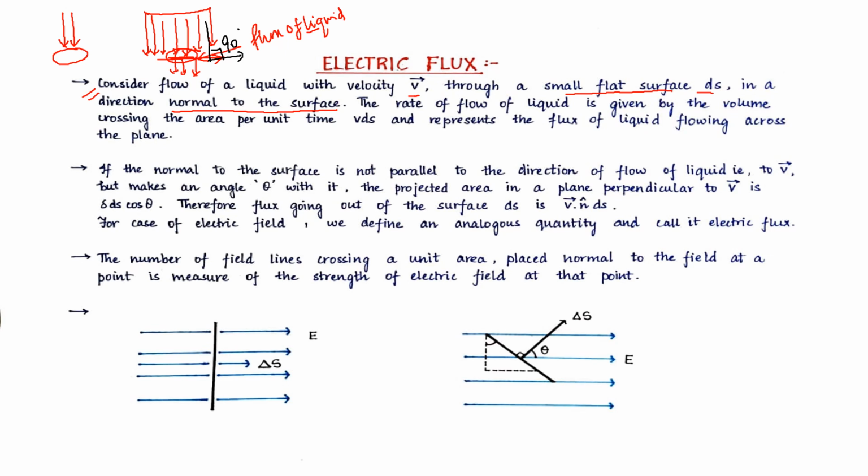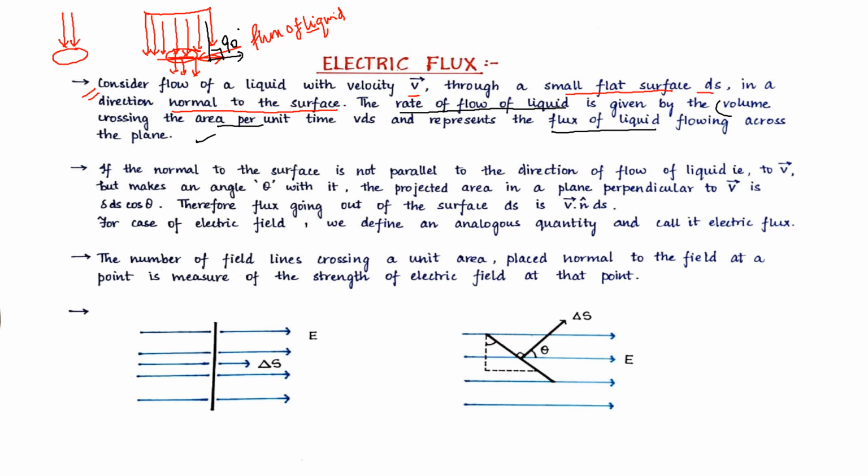The rate of flow of liquid, which is the flux of liquid, is given by the volume crossing the area per unit time, and represents the flux of liquid flowing across the plane. So this gives us the flux that is flowing through that particular plane.